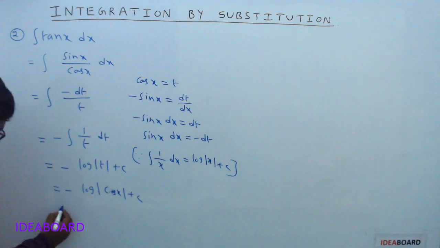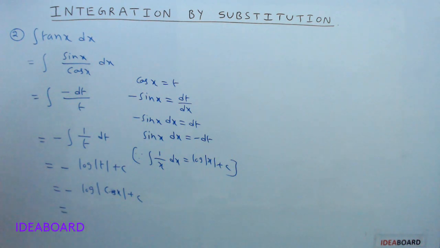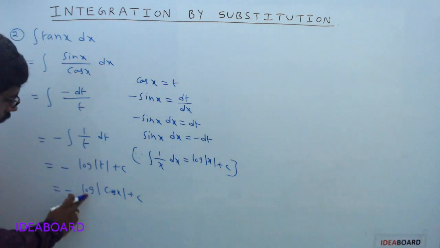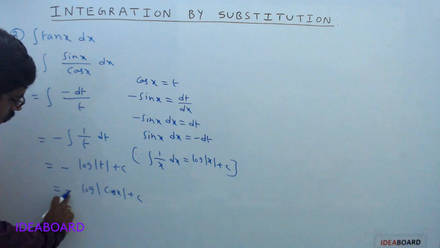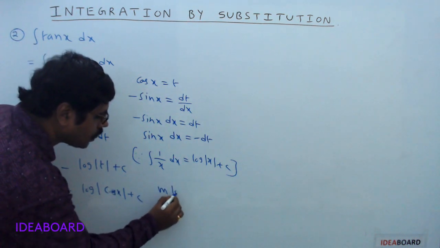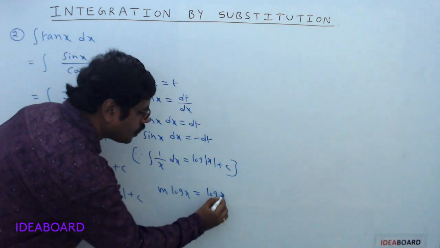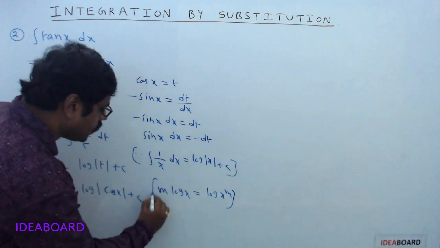Now here, this minus logarithm of modulus of cos x can be written as logarithm of mod cos x whole power minus 1. So from the property of the log function, m log x equals logarithm of x power m.